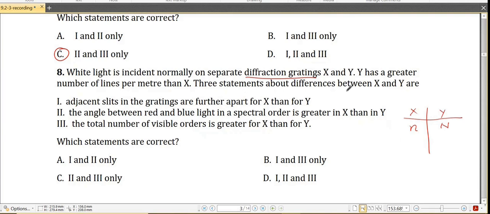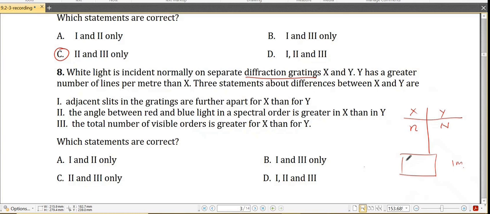Three statements about differences between X and Y. Adjacent slits in the grating are further apart for X than for Y. Think, when the number of slits is less, we are talking about 1 meter, the area that is getting illuminated.